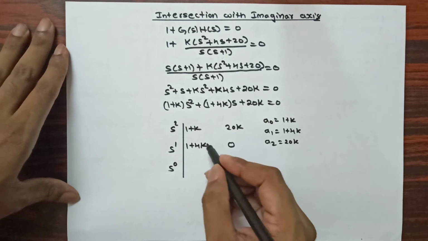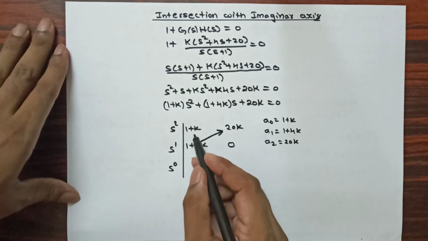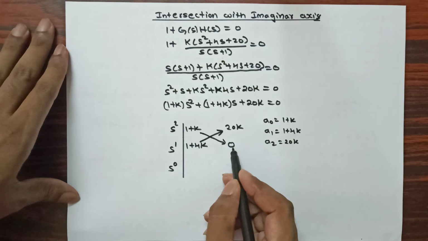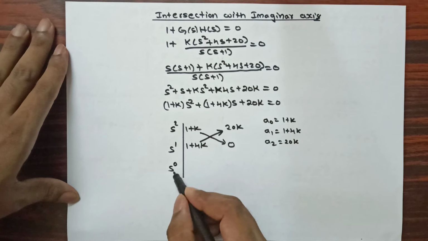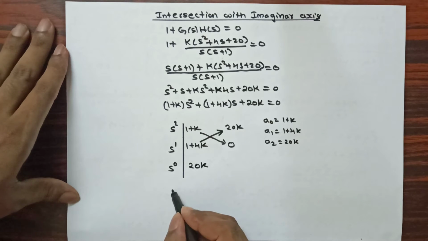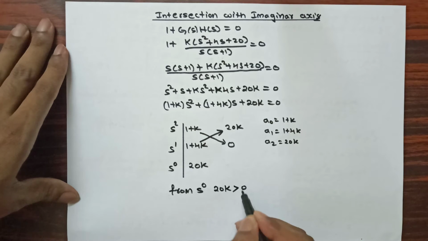Now the last row we get by multiplying this term with this and this term with this, and we know when we get 0 in the diagonal, then the resultant value is the above value, that is directly I can write in the s to the power 0 row, 20k. Now from s to the power 0, 20k greater than 0, that is k greater than 0.